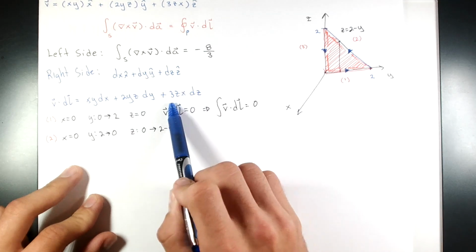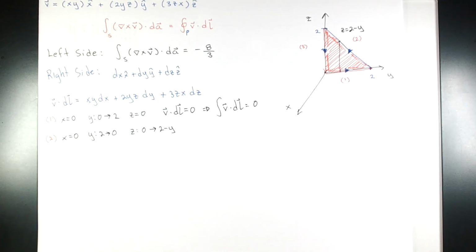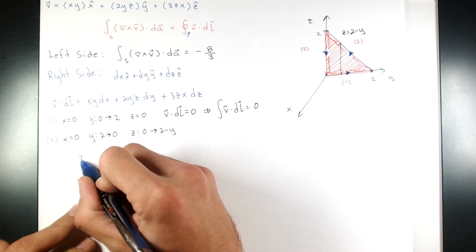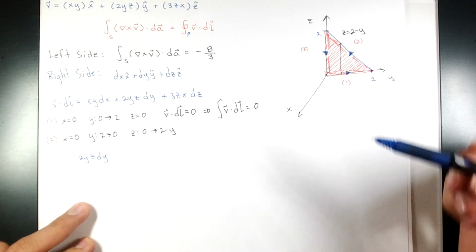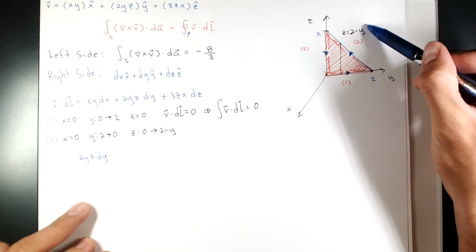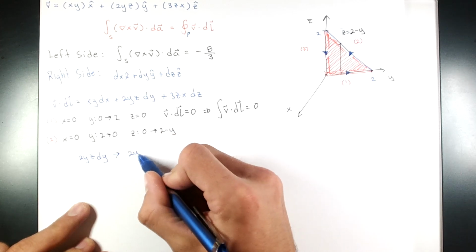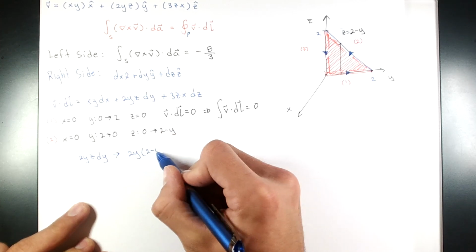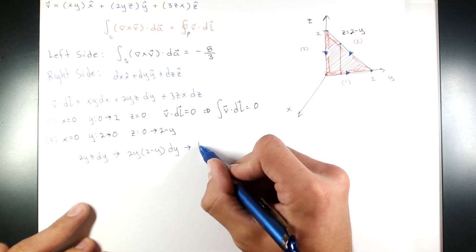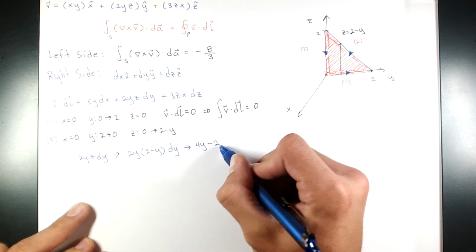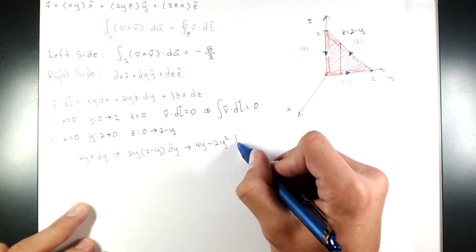This term goes away too because x equals 0. So the only thing we are left with is the middle term, 2yz dy. However, knowing that z equals 2 minus y, we can just put everything in terms of y, like this, which turns into 4y minus 2y squared dy.